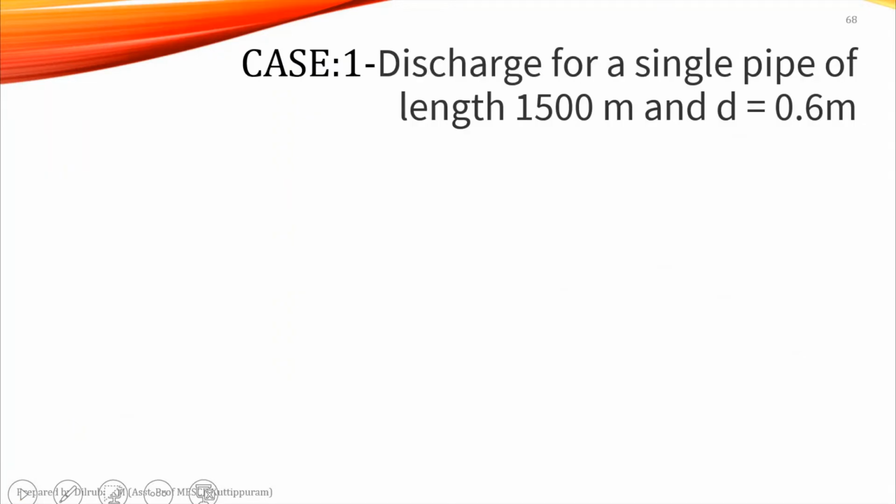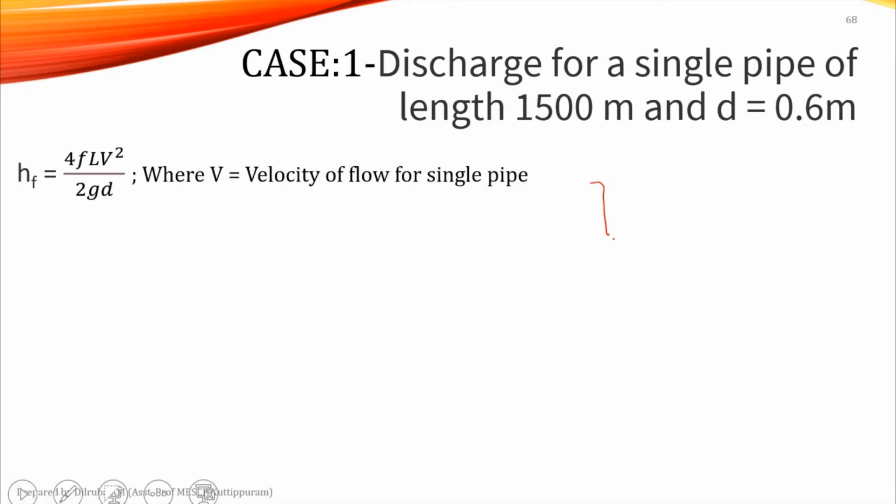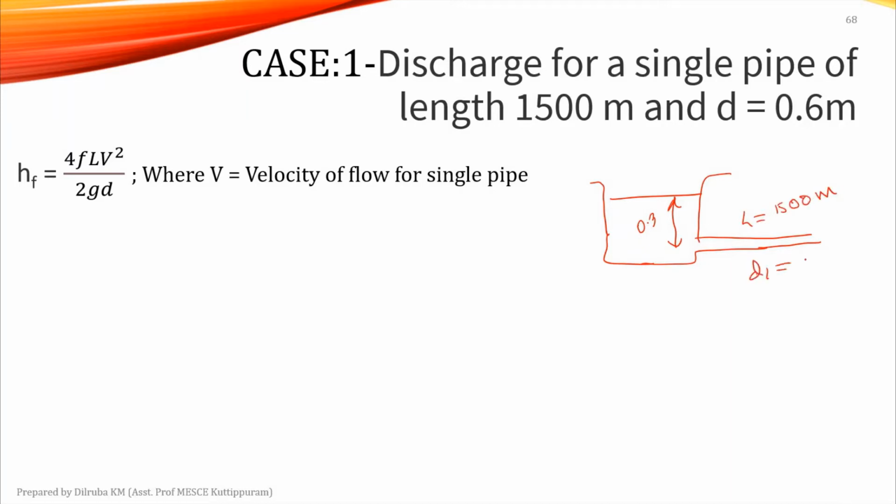Now in this question we have two cases. First case is discharge for a single pipe has to be calculated. In this given figure, we have a tank which is connected with a pipeline. We have head loss 0.3, and the length of the pipe is 1500 meter, and diameter is given as 0.6 meter.